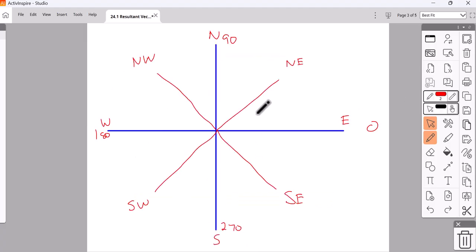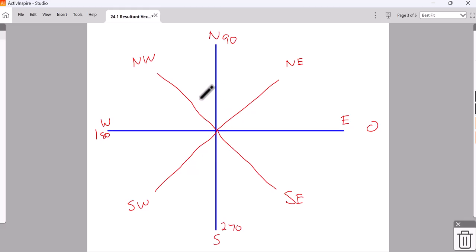And some other things that are going to happen today are you may be given the direction in terms of north, south, east, west. So we're just orienting ourselves north, south, west, east, and using the angle measures that we've been given before.